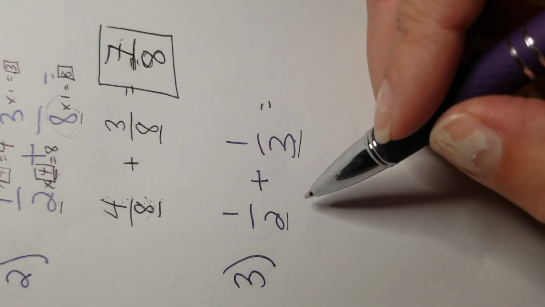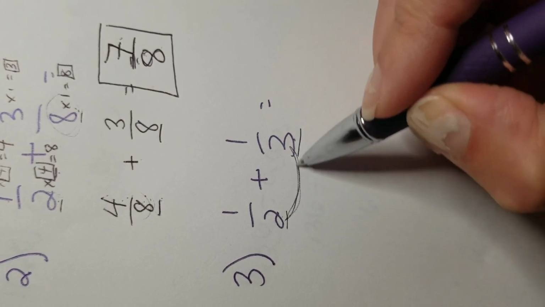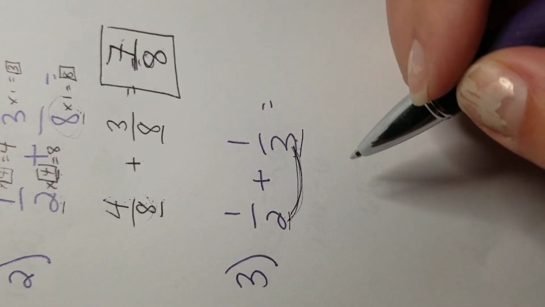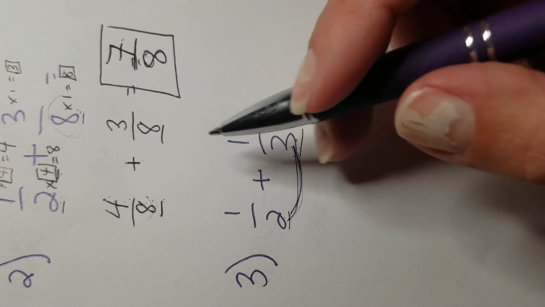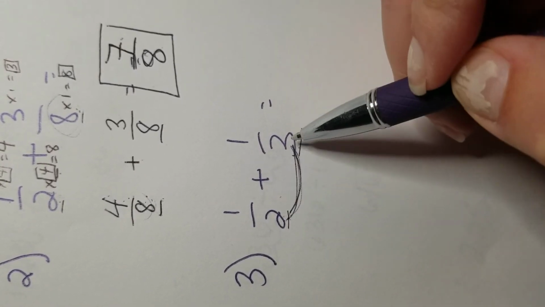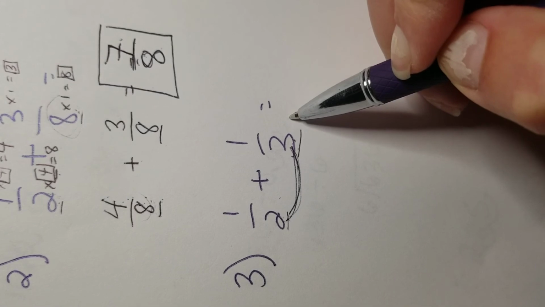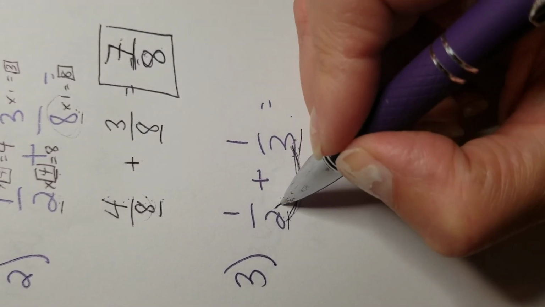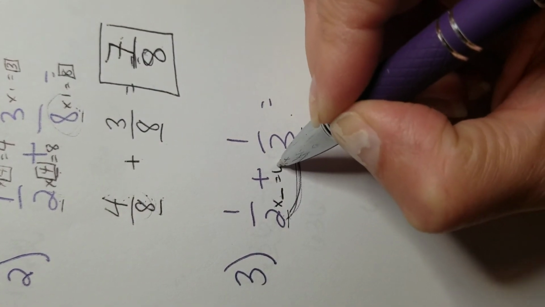So for this one, I would suggest multiplying these together. If you multiply 2 times 3, you get 6. So that means 2 can go into 6 evenly and 3 can go into 6 evenly, which then means you can get equal parts. So 2 times what gives me 6?